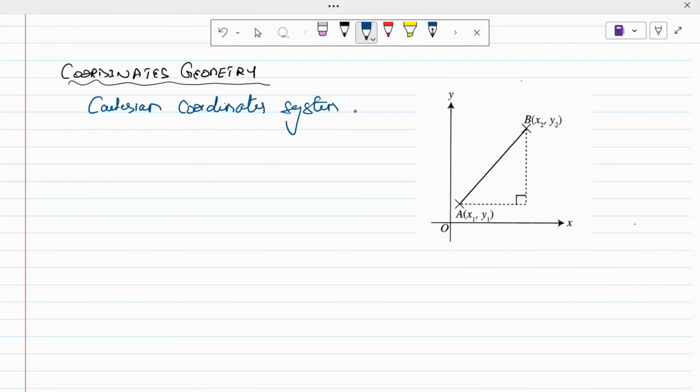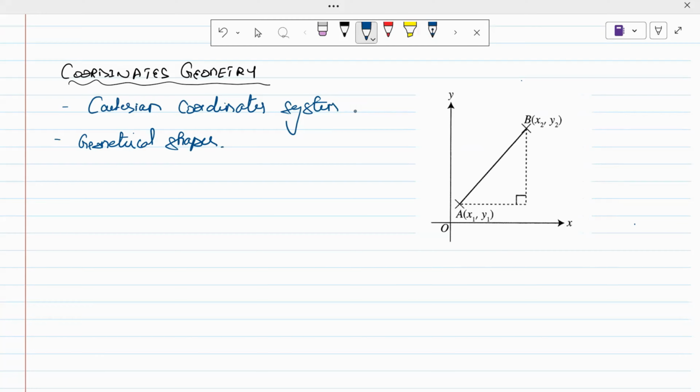Since it says geometry, geometry means we would be dealing with different geometrical shapes. Now, when I say different geometrical shapes, it can be the straight lines as well as any bounded shape. Bounded shape means we can be having triangles and different quadrilaterals.